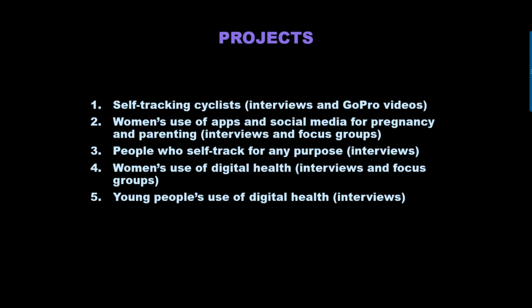We invited our participants to wear a tiny GoPro camera on their helmet and to get ready for one of their bike rides to work, wearing the GoPro on their helmet while they did their trip.